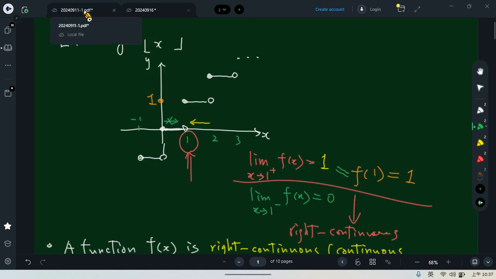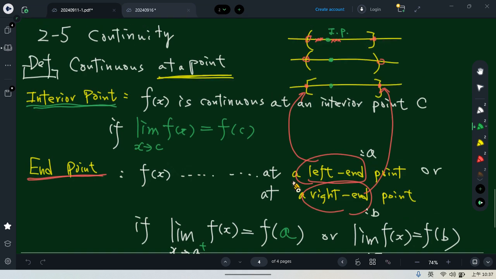So let's go back to the previous definition here. Let me show you again. This is an interval, right? As I mentioned earlier, for an interval, you will have two ends: one is the left end, one is the right end. For the left end, you only need to pay attention to the points at its right hand side. For the right end, you only need to pay attention to its left hand side.